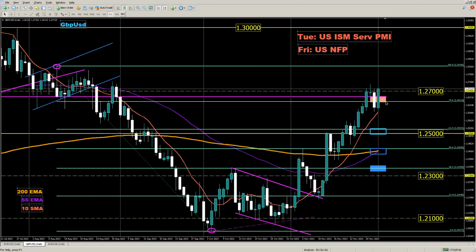All right, let's shift this now to the next significant resistance. It's closer to the swing high here at just above 128.